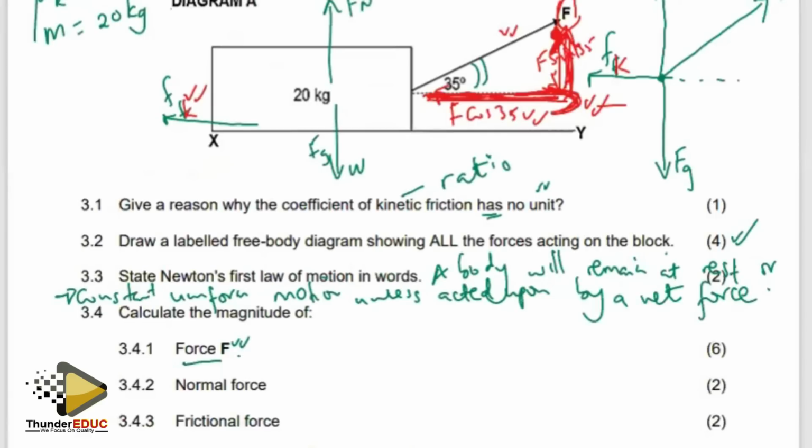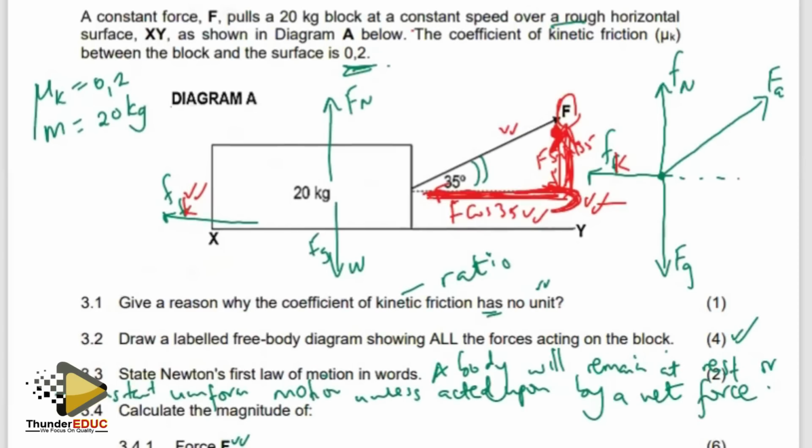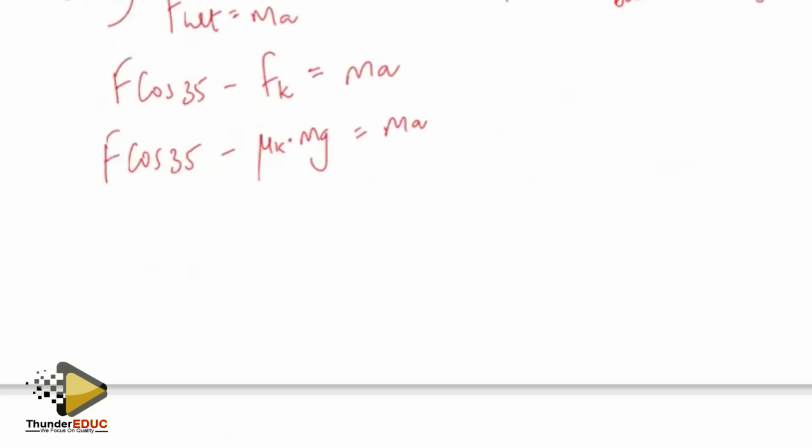Let's go back and see. The block is moving at a constant speed, so for as long as the speed is constant, the acceleration must be 0. Let me do my substitution and see. Mu was 0,2. The mass is 20.